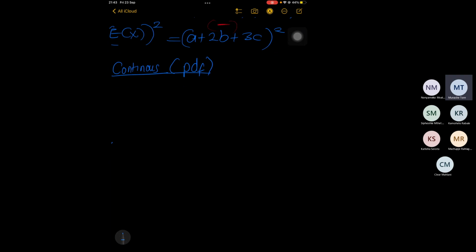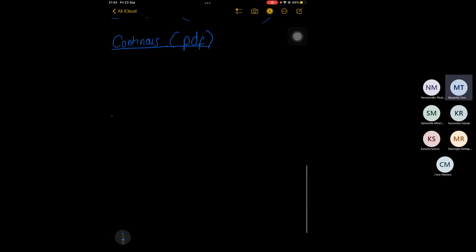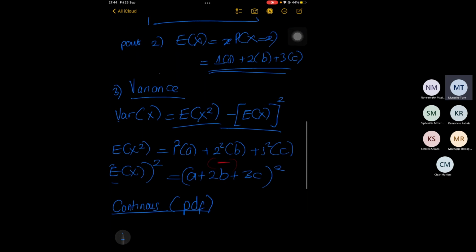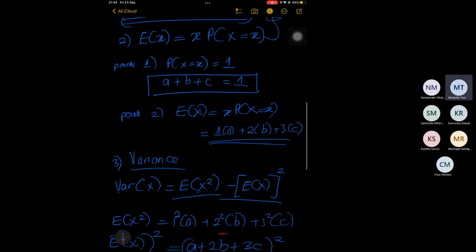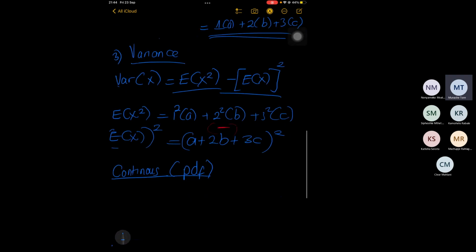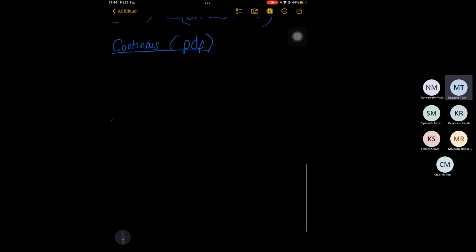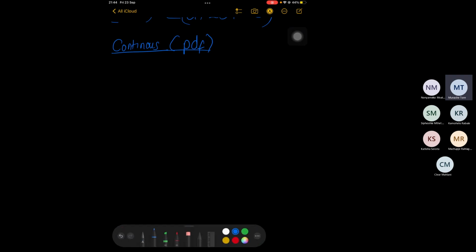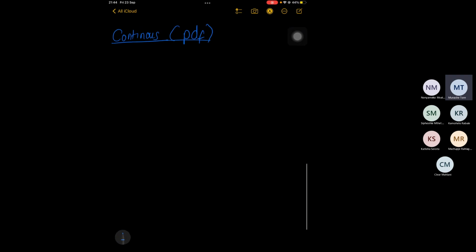So what are the properties of a PDF? It's actually the same, isn't it? But now, instead of doing separate sums as we did here, we are saying the summation of all probabilities is equal to 1, isn't it? For continuous, if you can remember from your calculus, summation is more or less the same as integration.